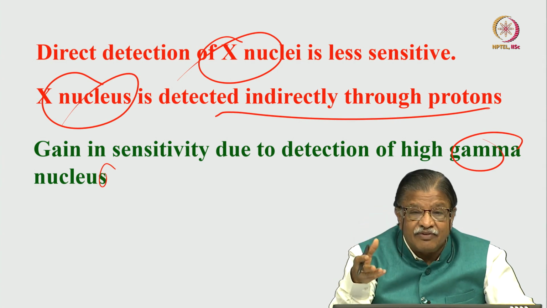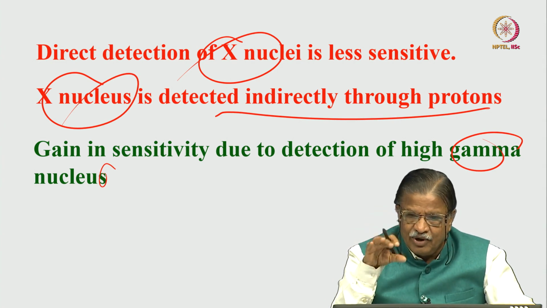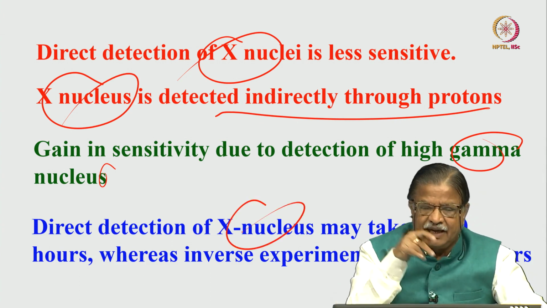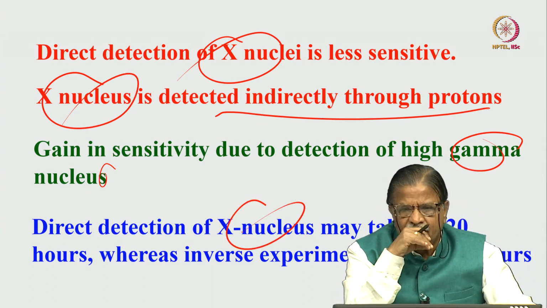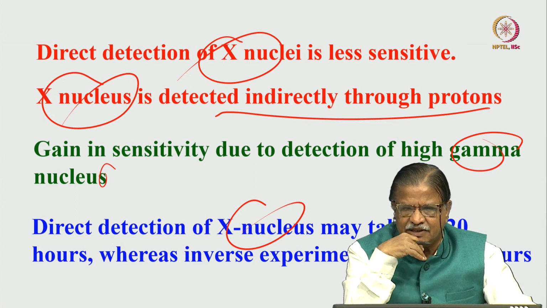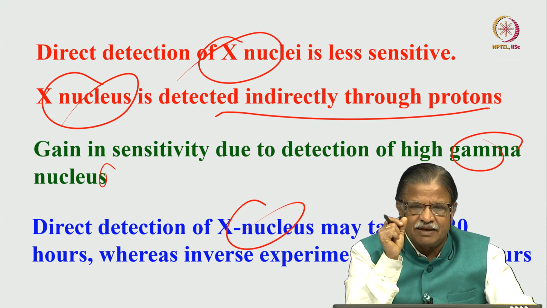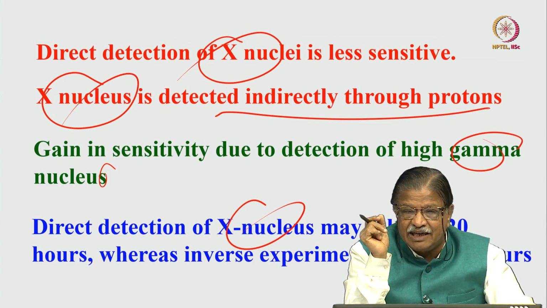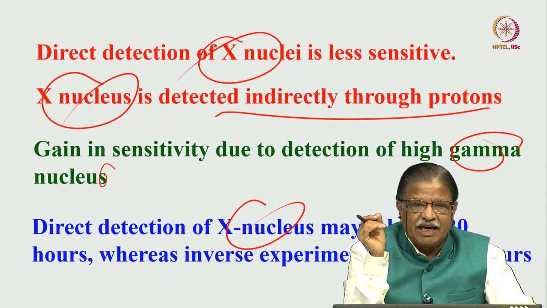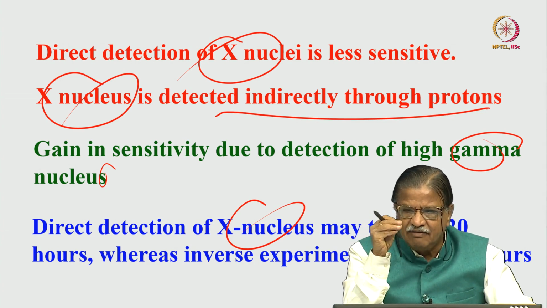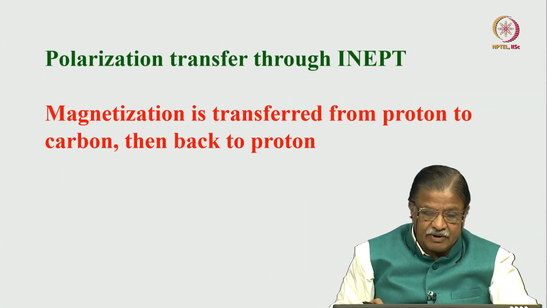The experiment is faster. How we do it is a challenge, but we will do that. Direct detection of X nuclei may take, let us say, a few hours, 10 or 15 hours, whereas an inverse detection experiment will take half an hour to 1 hour. See the saving in instrument time, saving in your experimental time. There is an enormous saving in experimental time because we are not directly detecting the X nuclei.